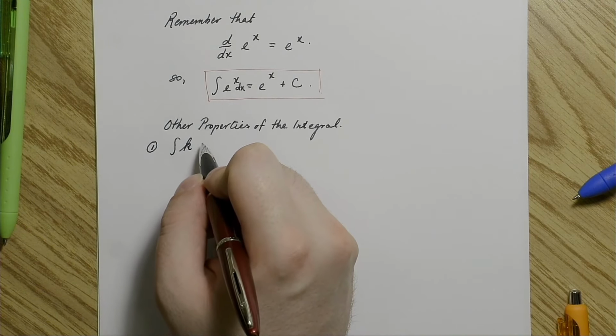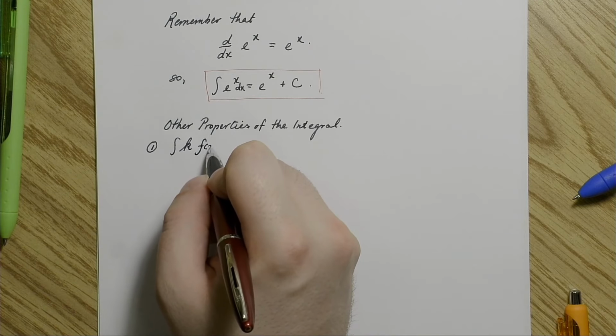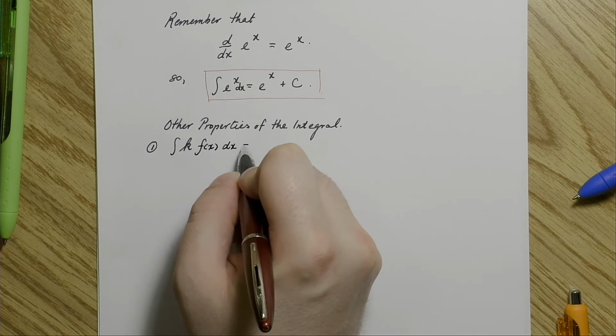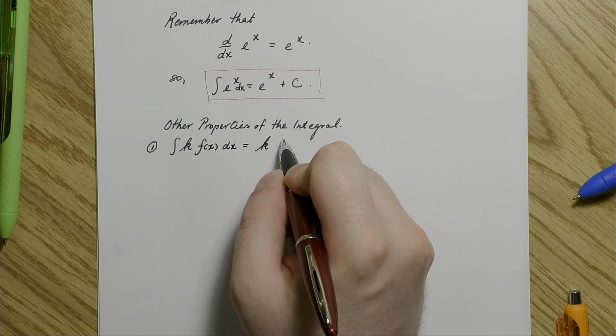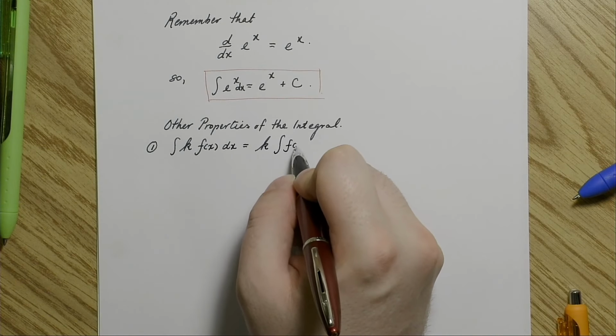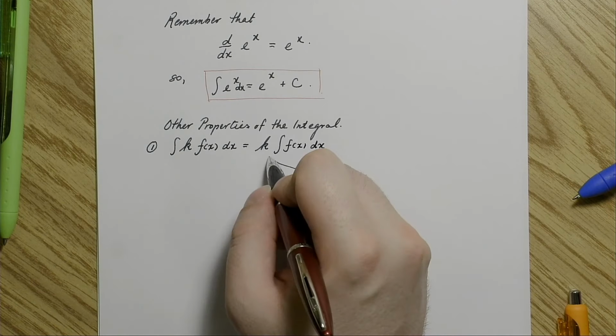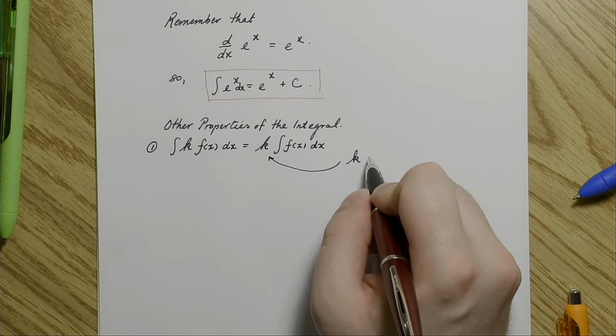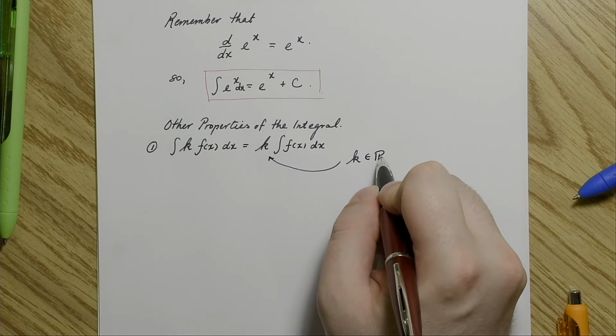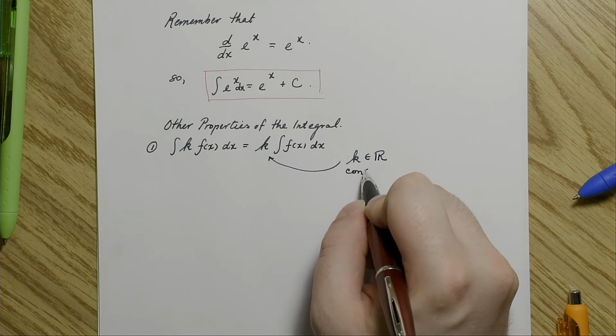So the integral of k f at x dx is equal to k times the integral of f at x dx, where k is some constant. It's a constant.